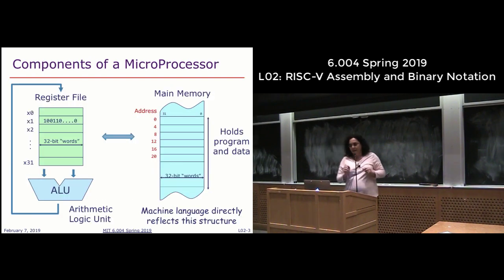Great. So, back to where we started last time. So we talked last time about the components of a microprocessor. So we have three main components. We have a main memory, we have a register file, and we have our ALU, or arithmetic logic unit, which is doing our computation.